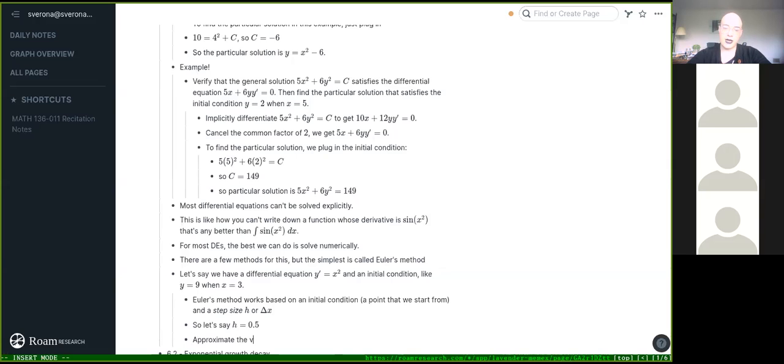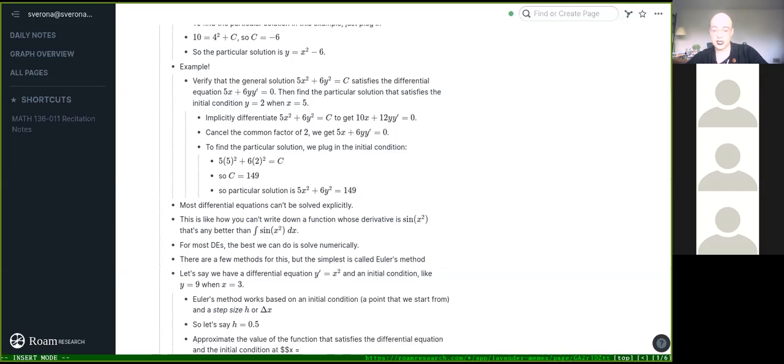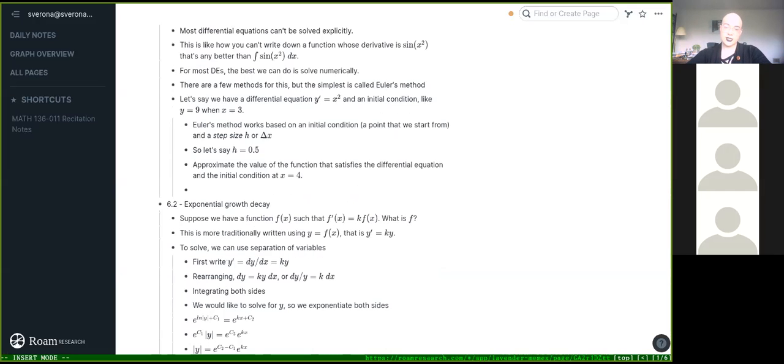Approximate the value of the function that satisfies the differential equation and the initial condition at, let's say, x plus a few step sizes. So let's say x equals 4. So that is 2 step sizes away.